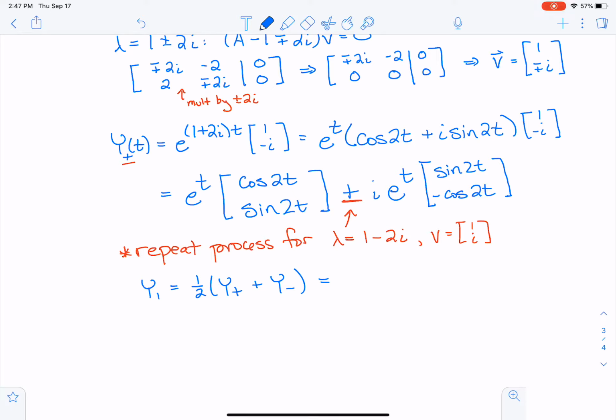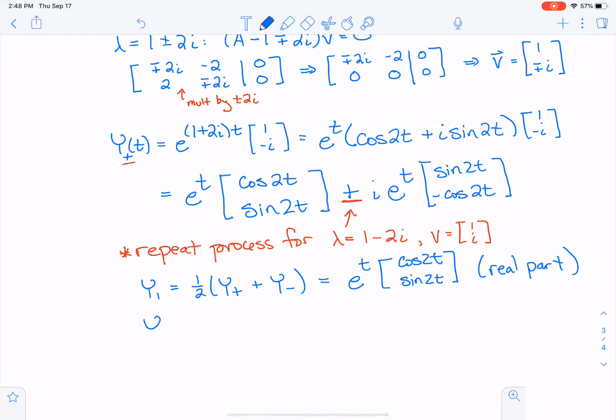So I'm going to take half of one of the solutions and add it to half of the other. If I do that, I just get the real part: e to the t times cosine of 2t sine of 2t.